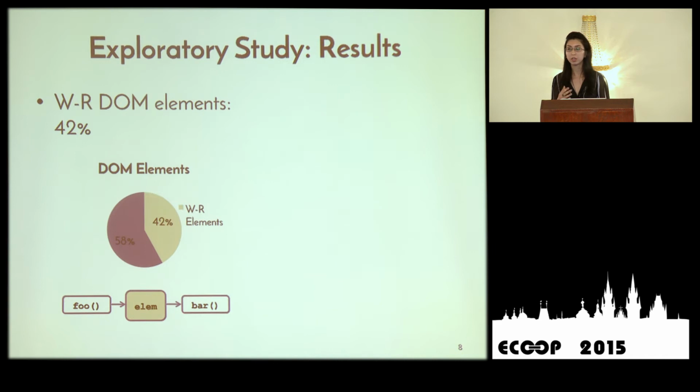But there were many-to-many relations. Multiple JavaScript functions were interacting with multiple DOM elements, and this could go on for several levels. So the chain would not end with just the second function. This would happen even to 5 and 6 levels in the applications.